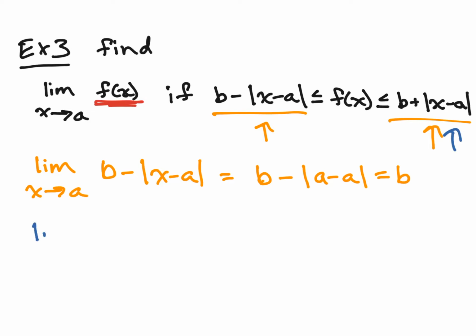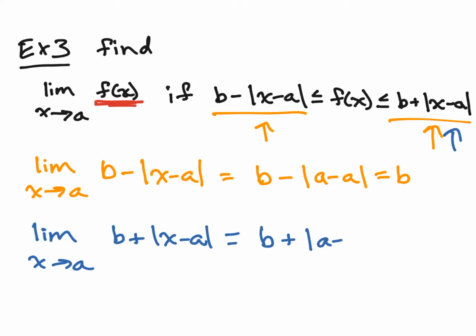The limit as x approaches a of b plus the absolute value of x minus a. Do a direct substitution, and we get b plus a minus a is 0. So we get b. So if my higher function is b and my lower function is b, the one in the middle must be b.